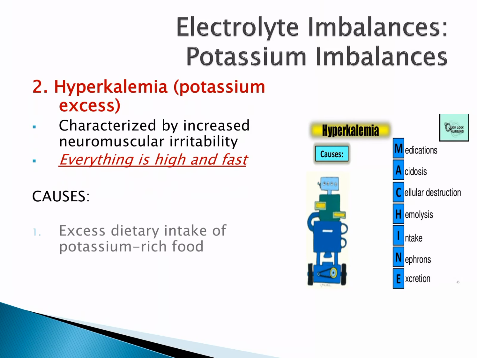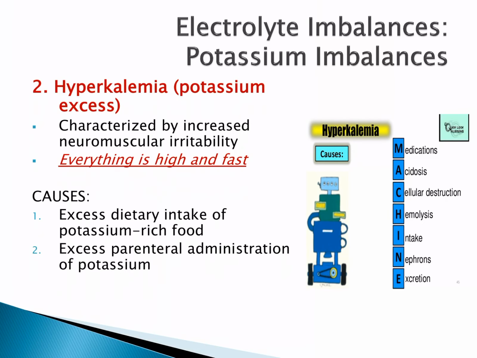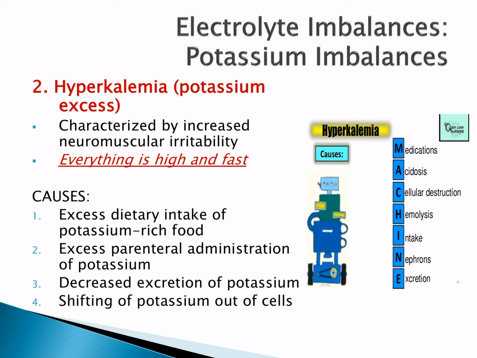So the causes are excess dietary intake of potassium-rich food, excess parenteral administration of potassium, decreased excretion of potassium, and shifting of potassium out of the cell. So these causes are self-explanatory, and they could increase the potassium levels in your blood.